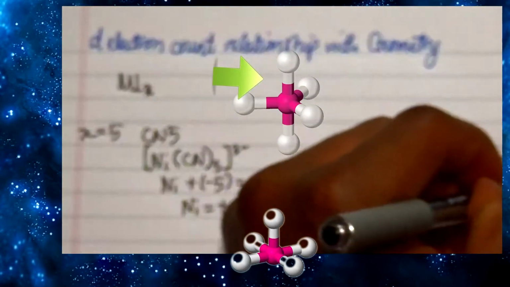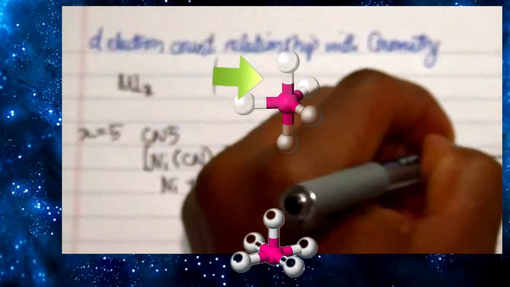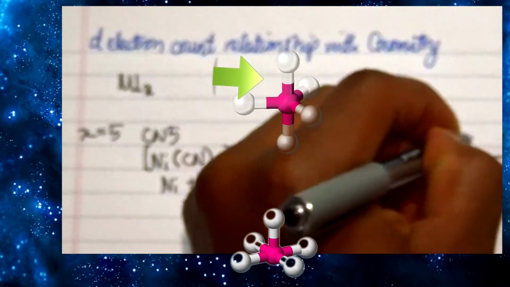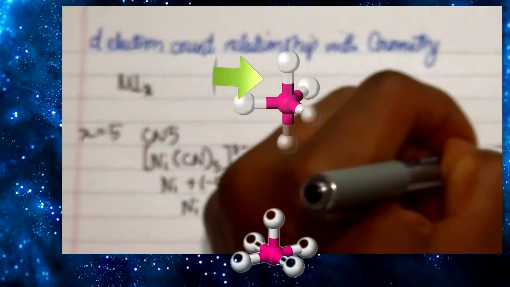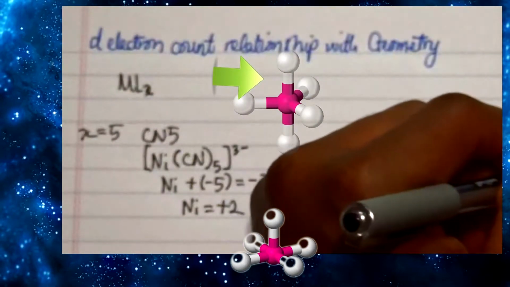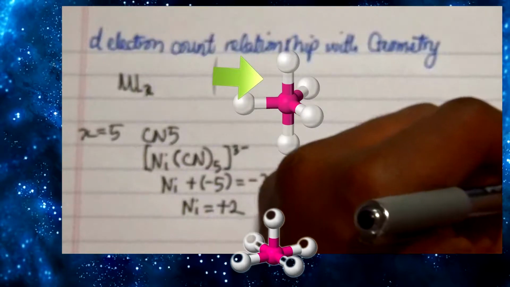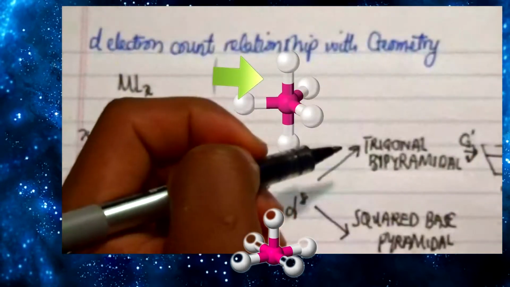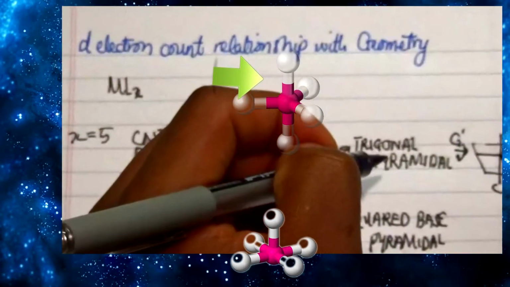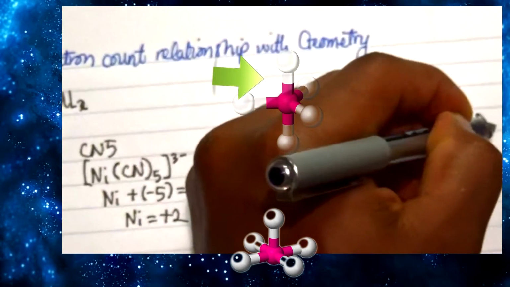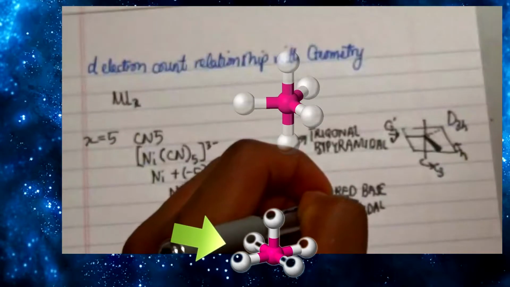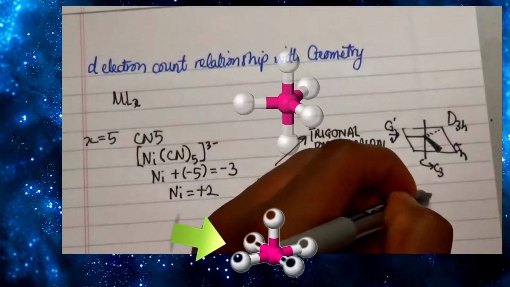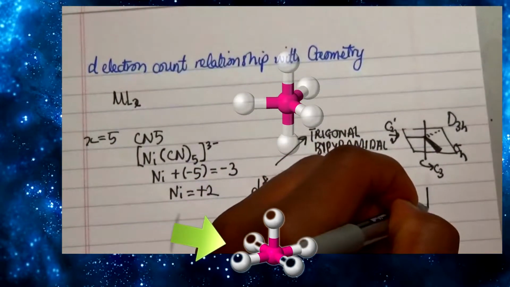The axial rotation is a C3 and the equatorial region is a C2 prime rotation, and we have our plane which is perpendicular to the principal axis of rotation, and the point group of this is D3h.